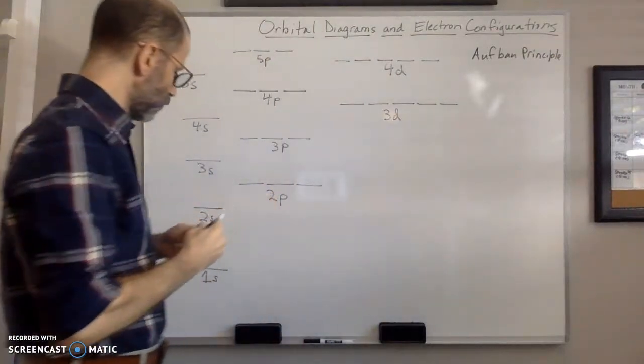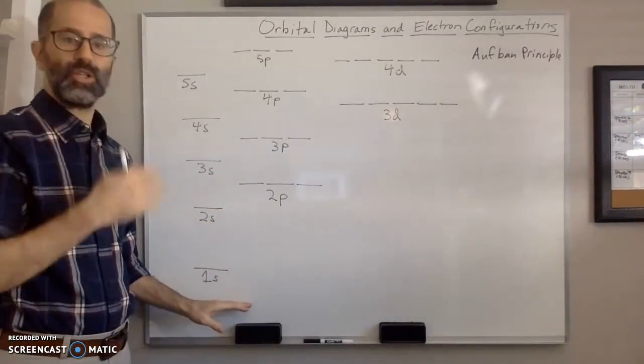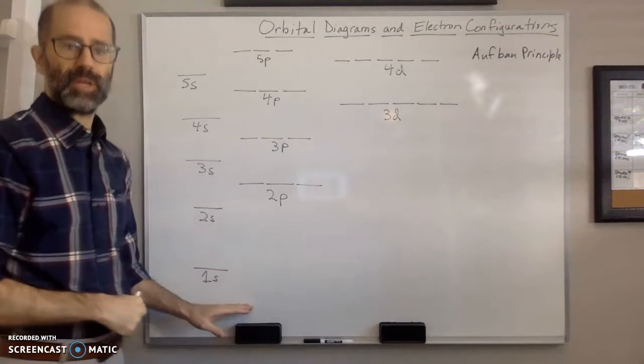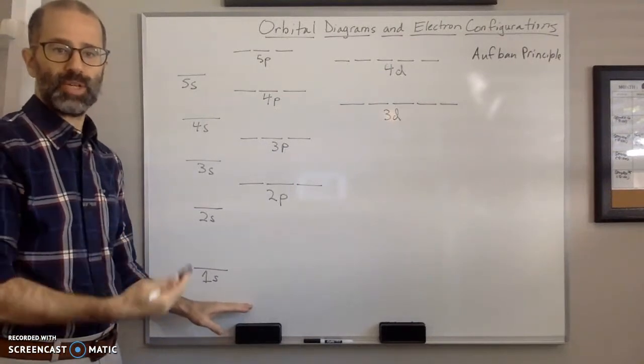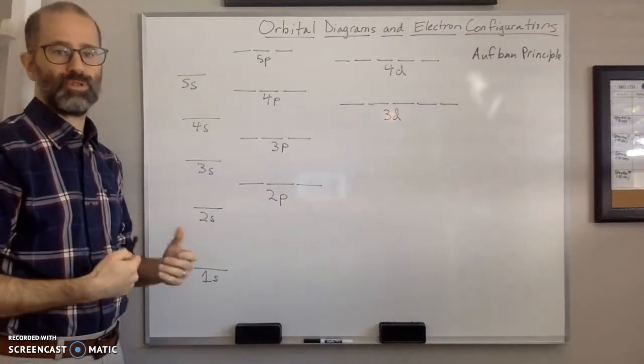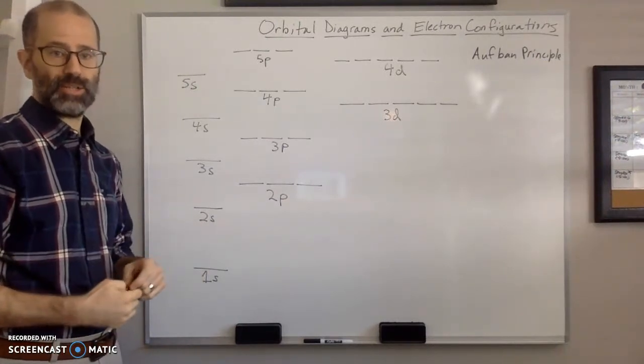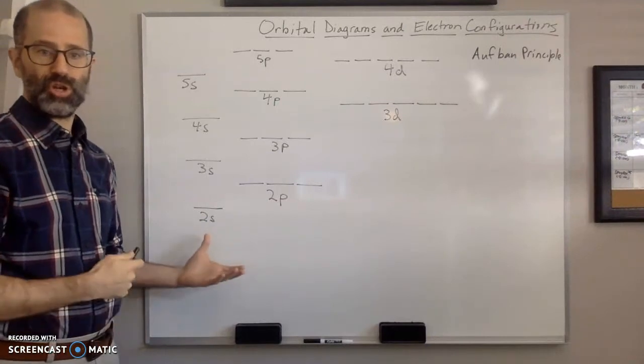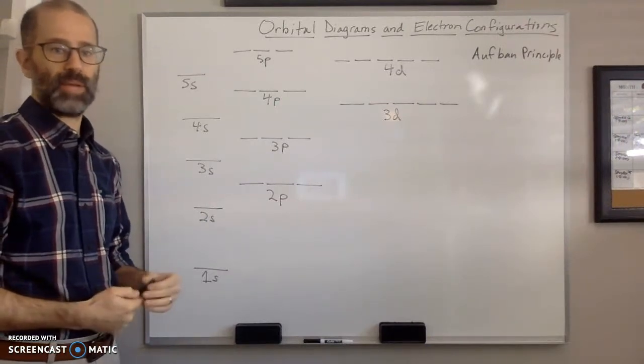When you're building up your orbital diagram, you need to know how to do an orbital diagram because your orbital diagram is where you get your electron configuration. In another video, I'll talk about how you can use the periodic table to get your electron configuration, but you should know how to use your orbital diagram as well.